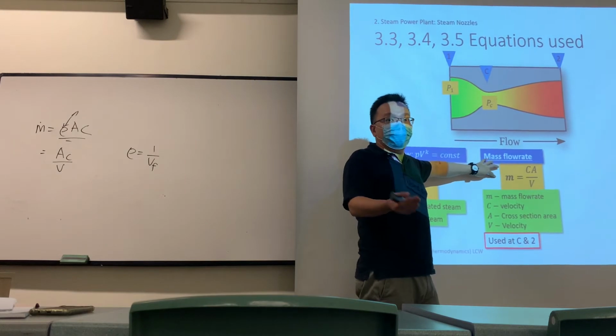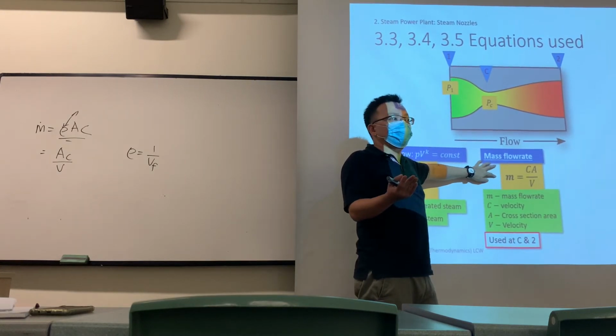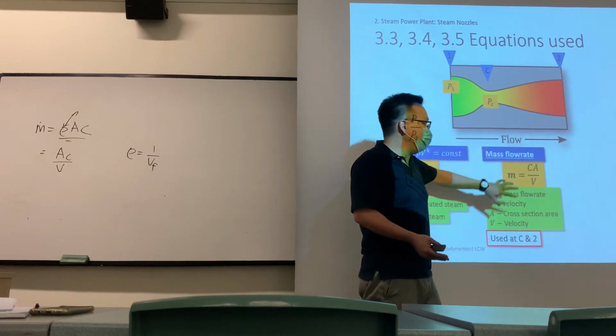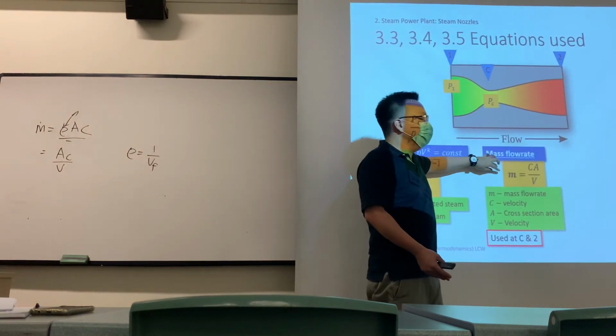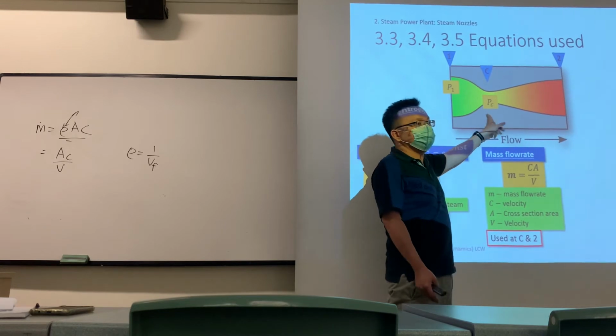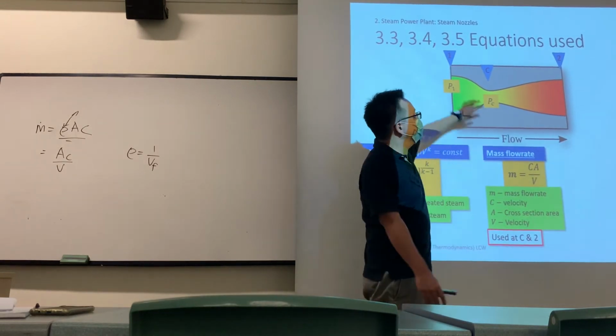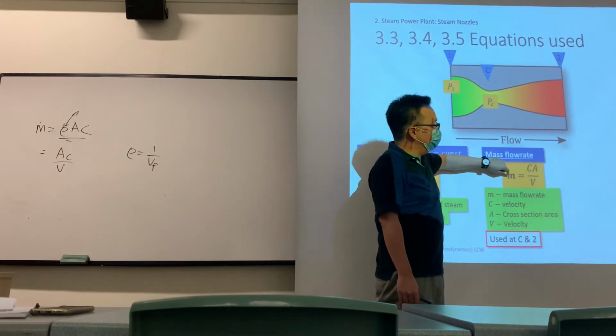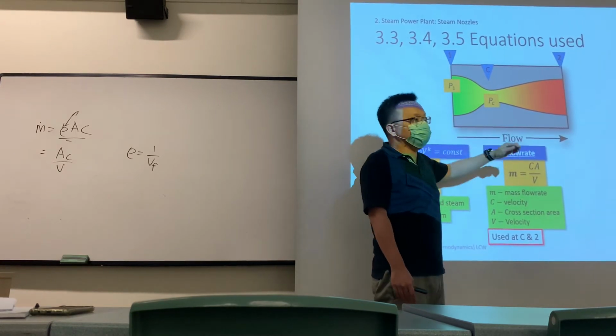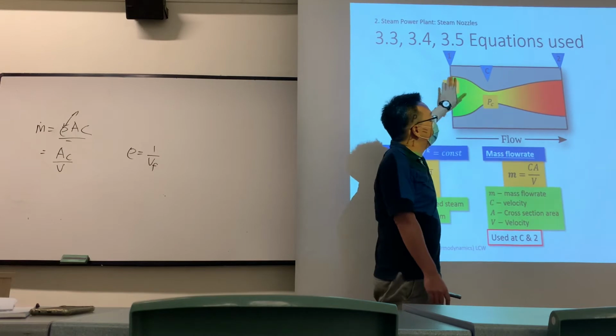Zero. Correct or wrong? Wrong. It is correct in terms of zero here, yes. But does this hold here? No, because there is actually mass going through. But because of the assumption you say C is zero, when you calculate here, the mass becomes zero. It means it's not valid for the first inlet.